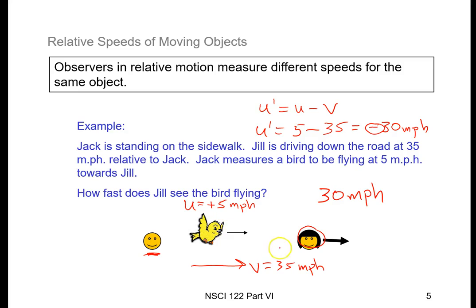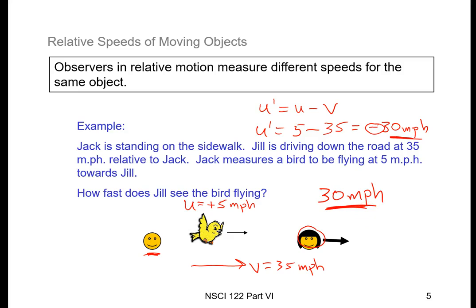It's facing her. It's not like she sees the tail of the bird in her rearview mirror, right? She sees the face of the bird, but it looks like the bird, in fact, is flying backwards, if you ask Jill. Okay? So that's what that minus sign means. And here's the 30 miles per hour that we said earlier. Okay? So this equation works.